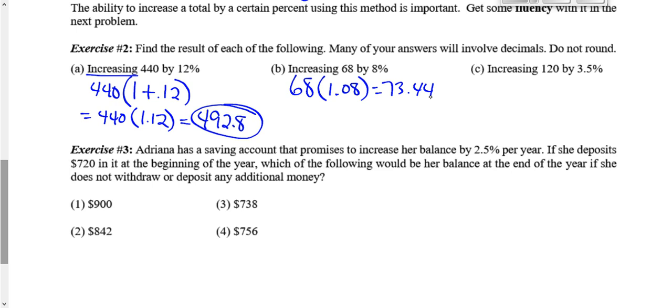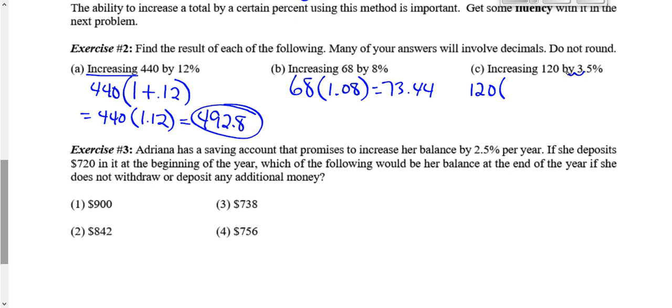I got 162. What'd you get? Another 124.2. It's 124.2. What'd you multiply by? 120 times 1.5. You got to move it twice. Not once, twice. Right?